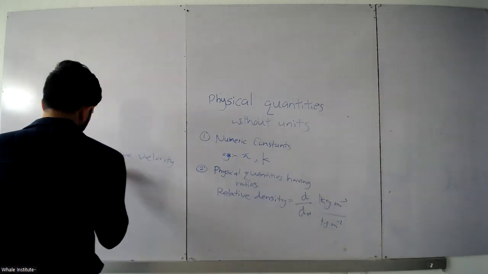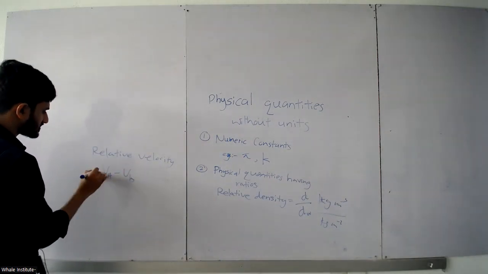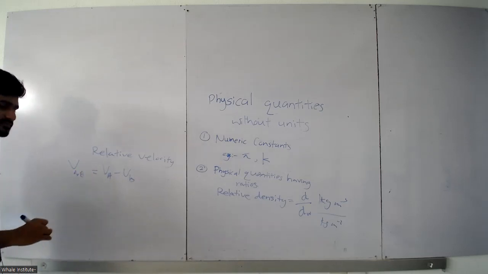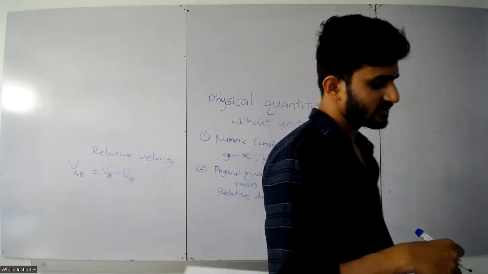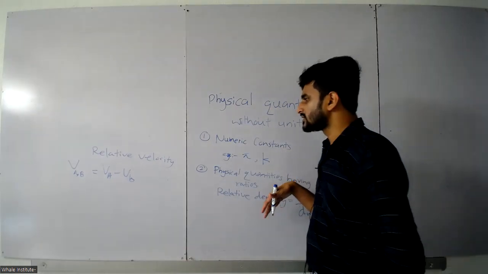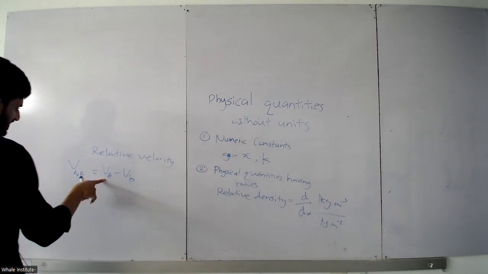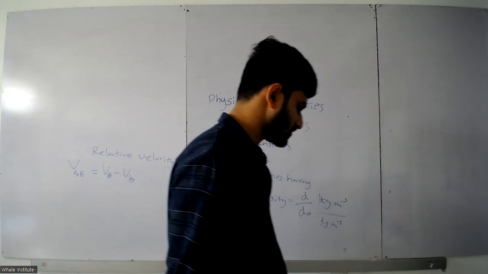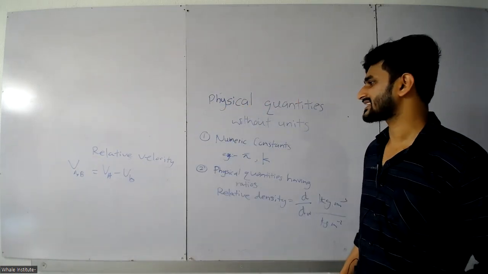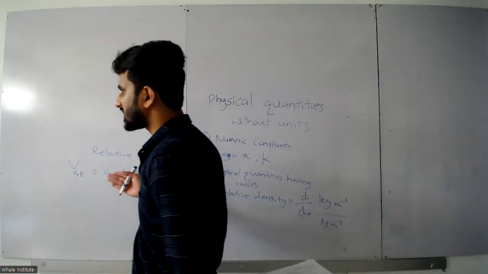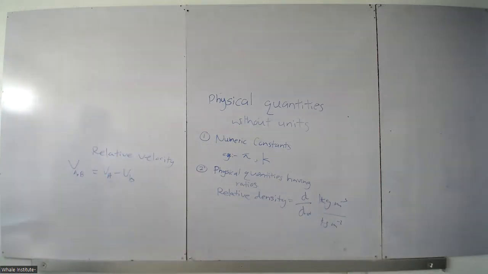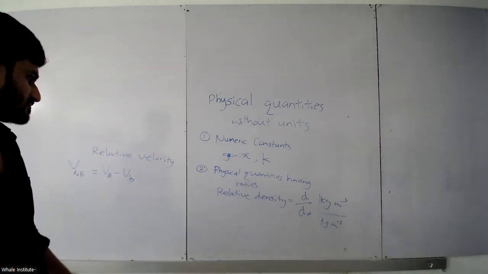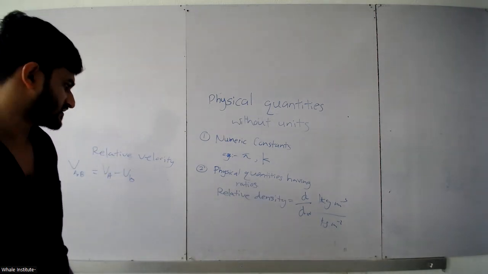Relative velocity means VA minus VB, the velocity of A relative to the velocity of B. This is measured in meters per second, and the answer is also in meters per second, the same unit as velocity. Remember this special point.